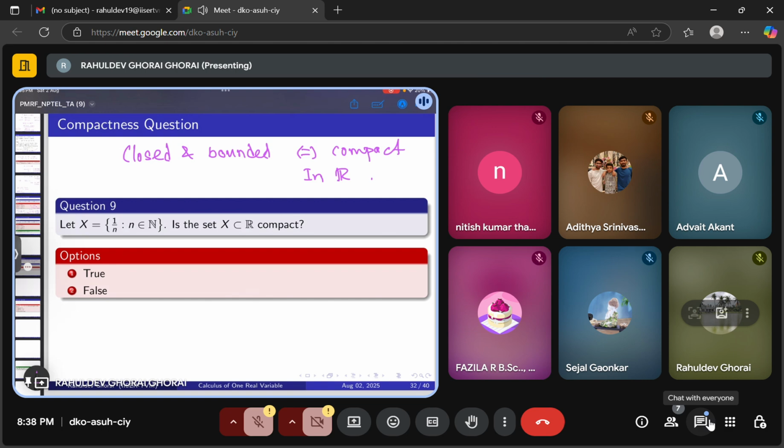Is this set bounded? Speak. Is it bounded? Okay, I have to check things.